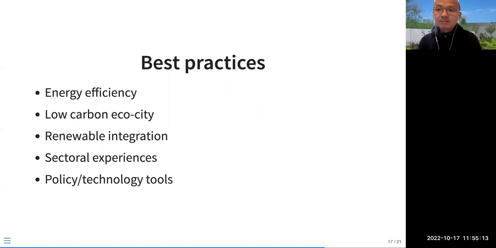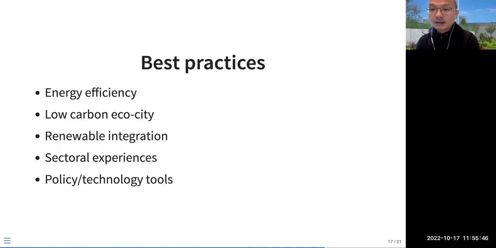So the best practices idea is, yes, we don't know how to do everything, but let's explore some ideas that are already doing very well. Some countries are good at some technology, some countries are good at some policies. And let's do an assessment of why this country has been successful in certain technologies.